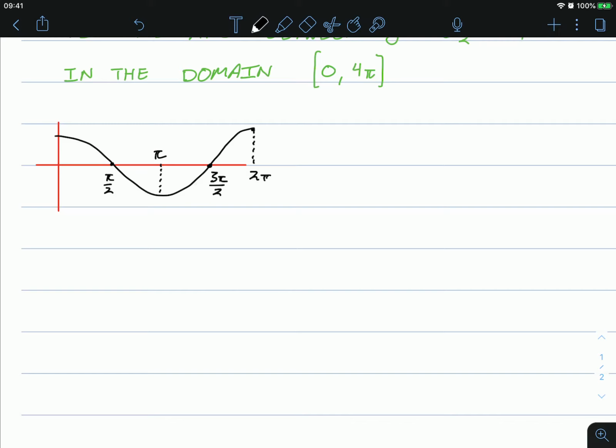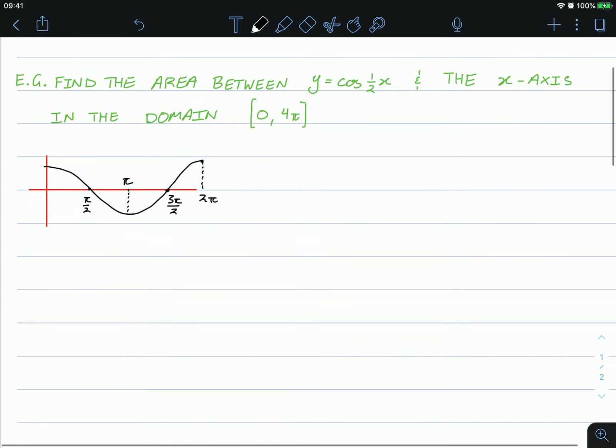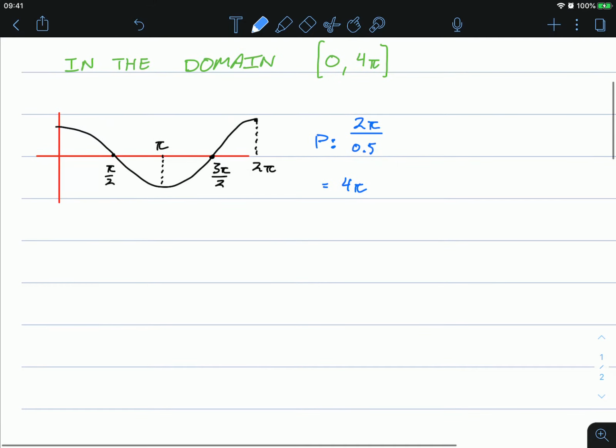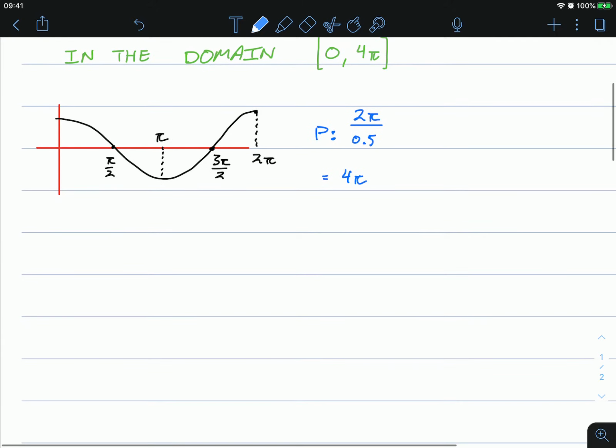So here we have cosine x, where the period is 2 pi, but I hope we can remember that the period is going to be 2 pi on whatever the coefficient is here. Let's call it n. So in this example, it's going to be 2 pi on half. So the period is actually going to be 4 pi, which means this cycle going down and then back up, finishing at 2 pi, is now going to take twice as long.